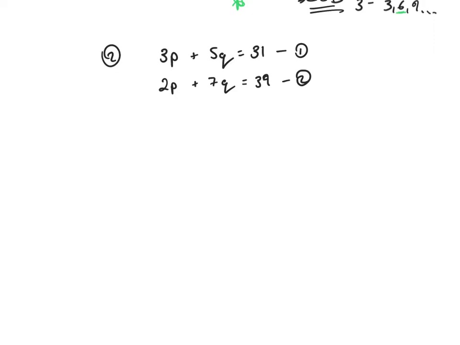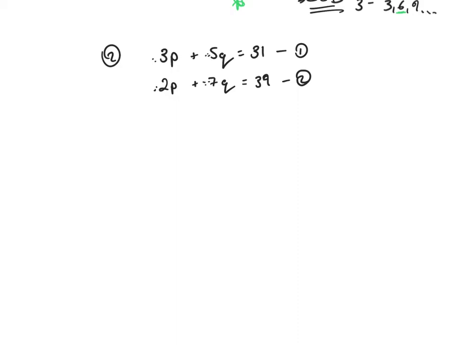Okay, so this is one we're going to have to manipulate both equations, because getting 5 up to 7 would be tricky and getting 2 up to 3 would be tricky. So we could eliminate p's or q's here. We could do p, but let's go for q.